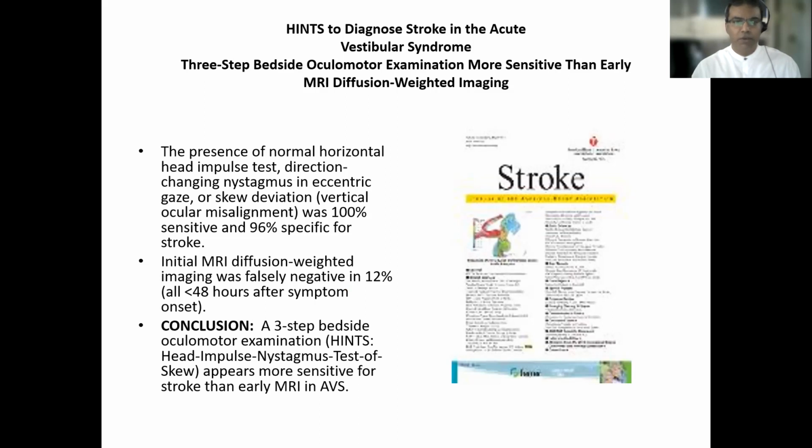So it is important for us to be able to try and pick up findings early using just clinical examination. And clinical examination or clinical acumen, a lot of it depends on practice.